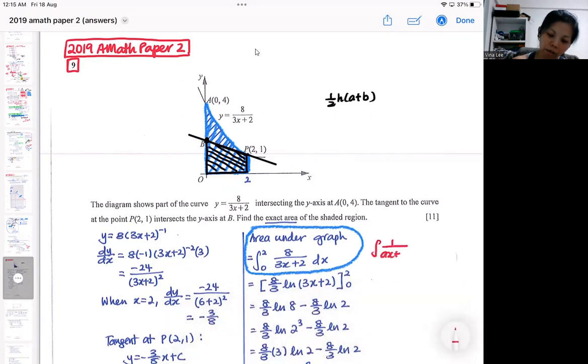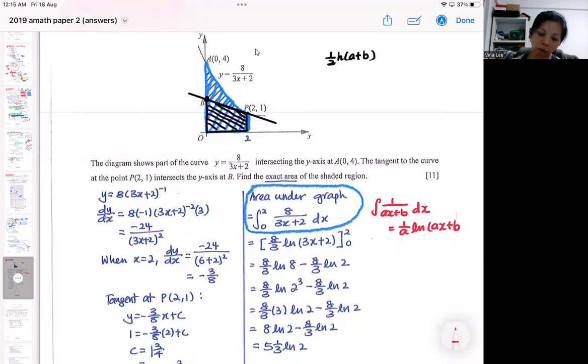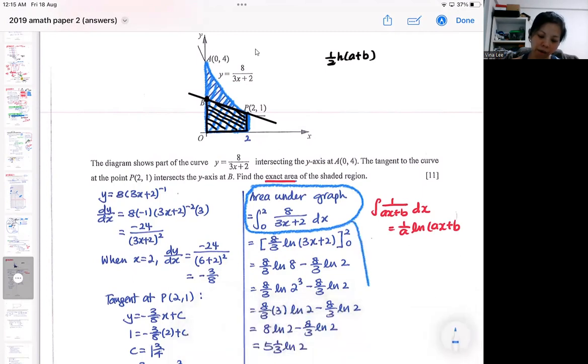It's the one that you integrate like this that will give you a ln. If you apply this formula, then you will get the area under the graph. The question is asking for exact area. So when you're processing the area under curve, do not press out the ln.